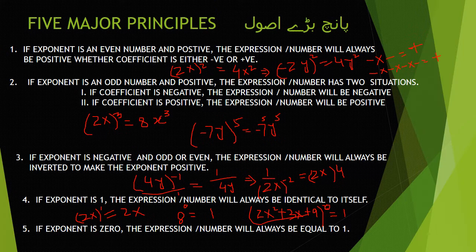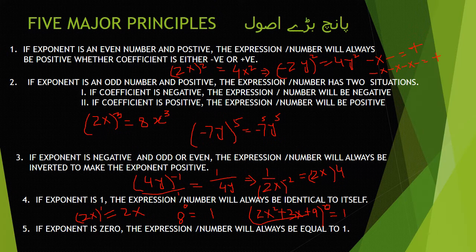For example, if I multiply negative with negative 2 times, it gives positive. If I multiply negative with negative with negative and with negative, it gives positive.